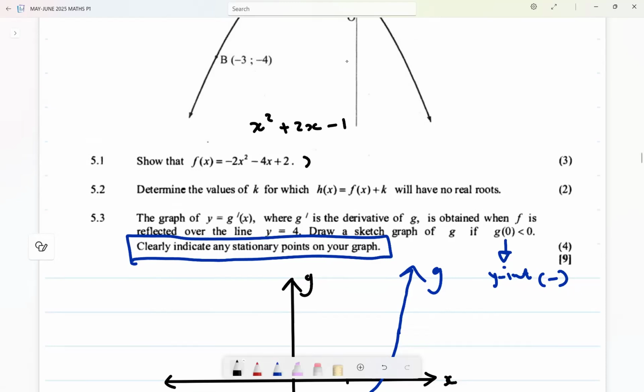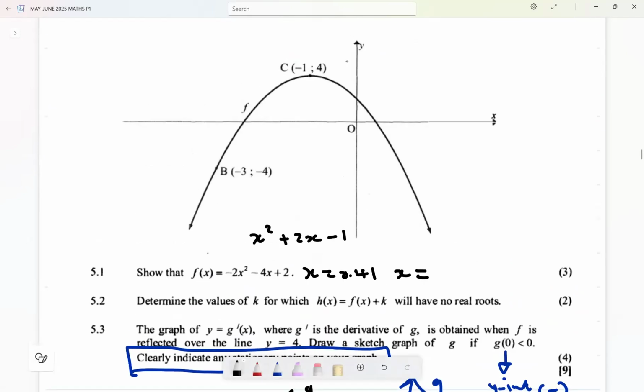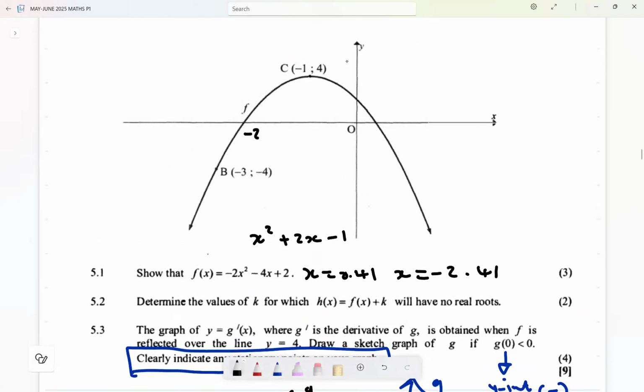Yo, guys, I get x is equal to 0.41 and x is equal to negative 2.41. So here it is negative 2.41, here it is 0.41.